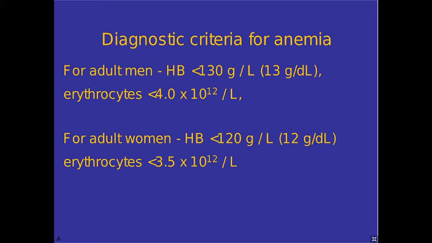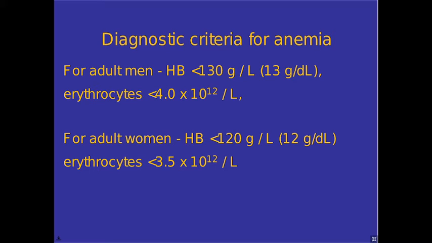In practice, we must monitor the hemoglobin level and the level of red blood cells in dynamics, just to see if hemoglobin is decreasing over a certain time, so anemia will soon come. Or maybe even when the hemoglobin or erythrocytes are normal, it doesn't exclude the presence of anemia.